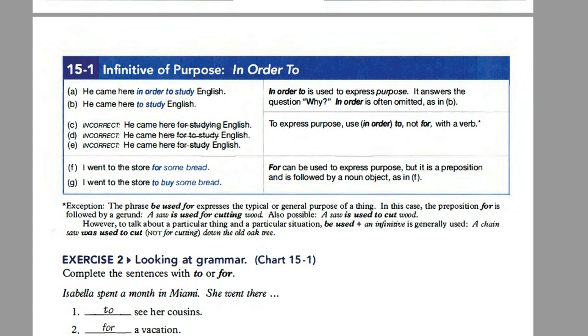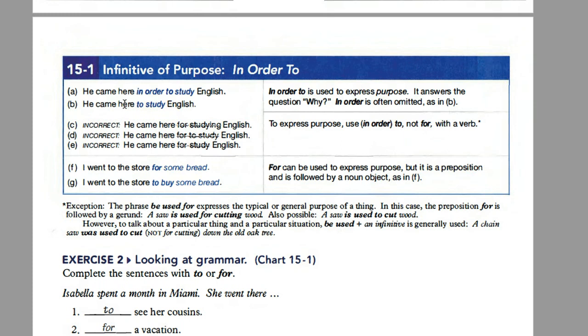So the purpose has the same function as "to", but "in order" is often omitted in some cases. Sometimes there is no need to repeat or write down "order". It's enough to write "to" only.